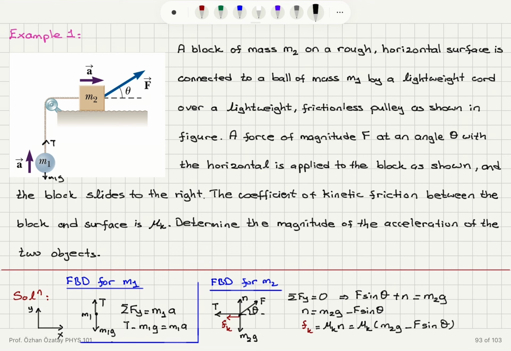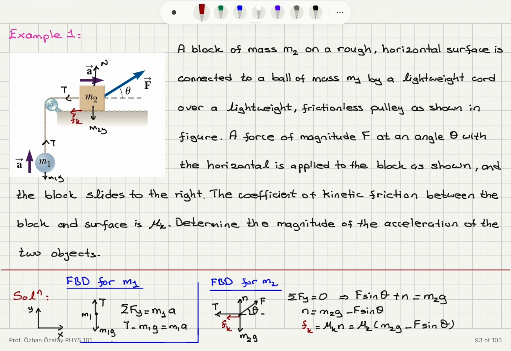And for m2 we have talked about tension T pointing to the left, m2g, its weight, the normal force pointing up, and of course we have friction at the contact between m2 and the bottom surface, parallel to the surface, opposing the motion.